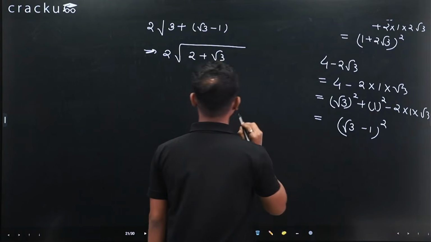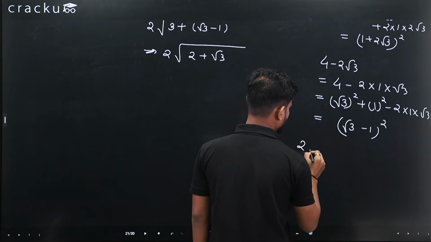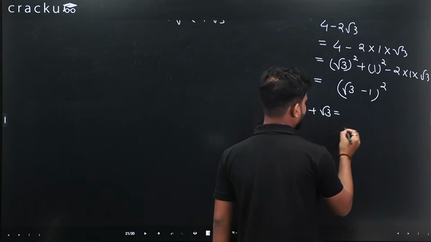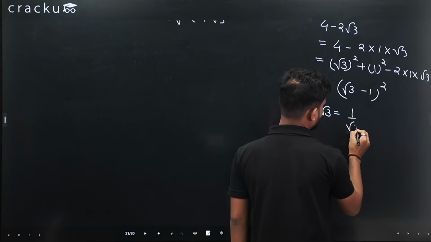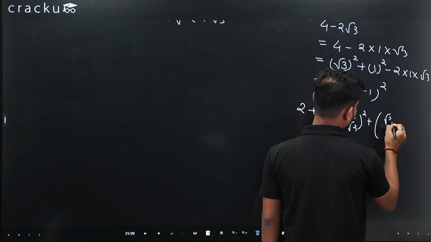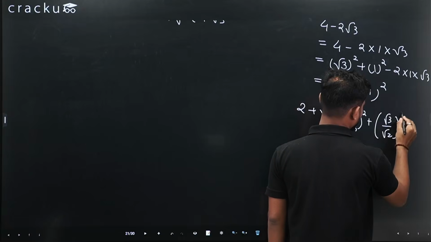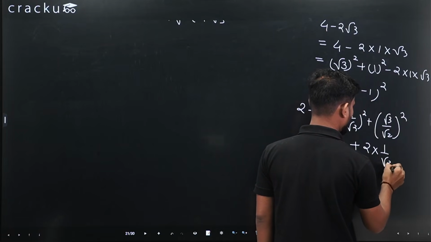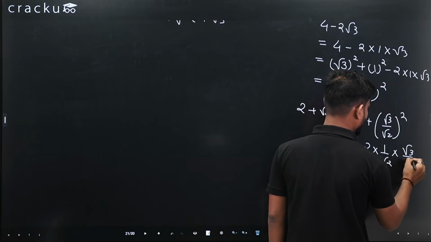Now this 2 plus root 3 is there. I can write this as 1 by root 2 whole square plus root 3 by root 2 whole square plus 2 into 1 by root 2 into root 3 by root 2.